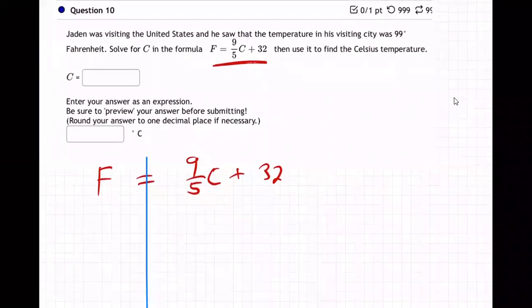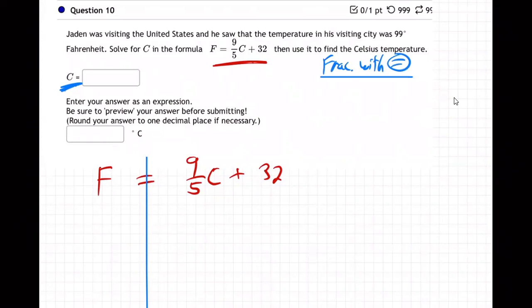Okay, and we are going to solve this now. So now we want to get C alone. See how they're saying over here, get C alone. Okay, so what do we do first? Well, I think you know, whenever we have fractions with an equal sign, that's what we have, right? We have an equal sign and fractions. So what do we do in that case?